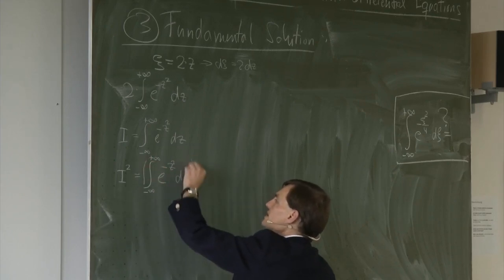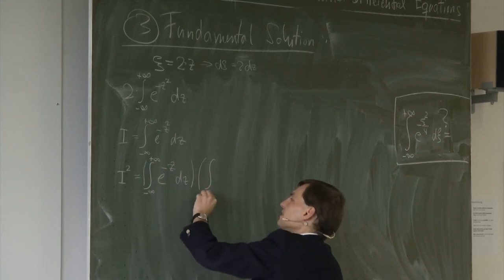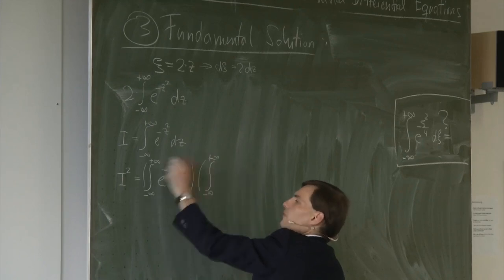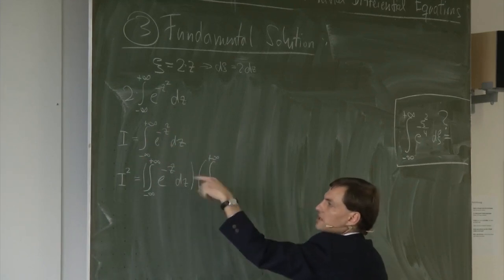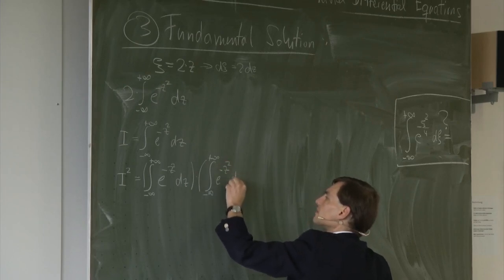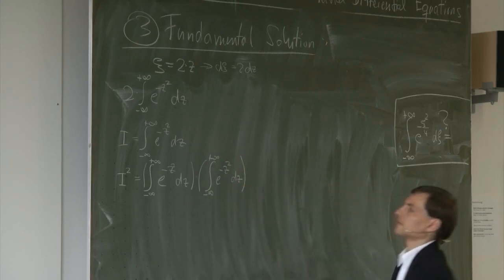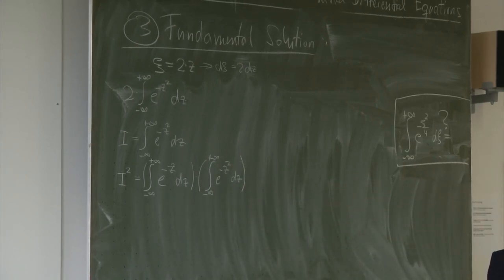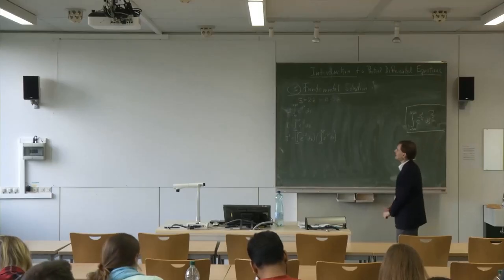This is the first times the second. If I square this, I get this integral times this integral. Okay? I squared. This is a kind of trick that we need.